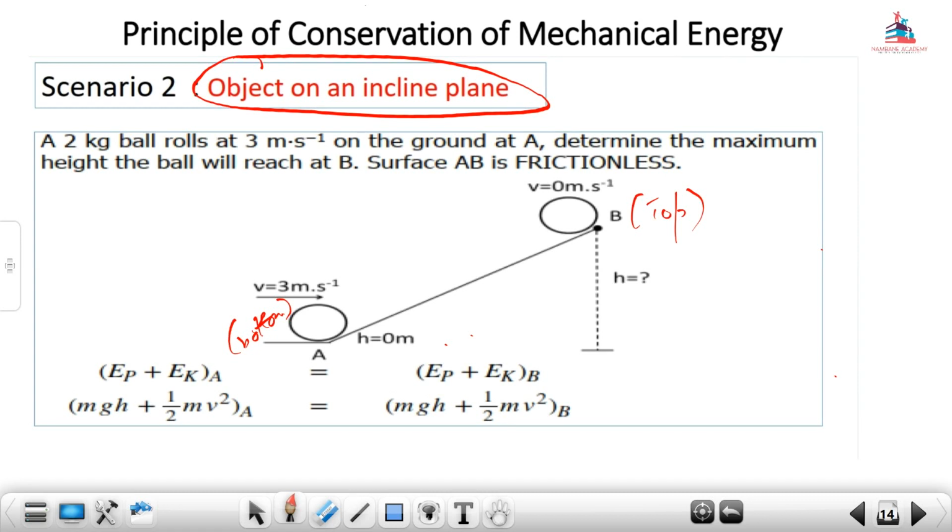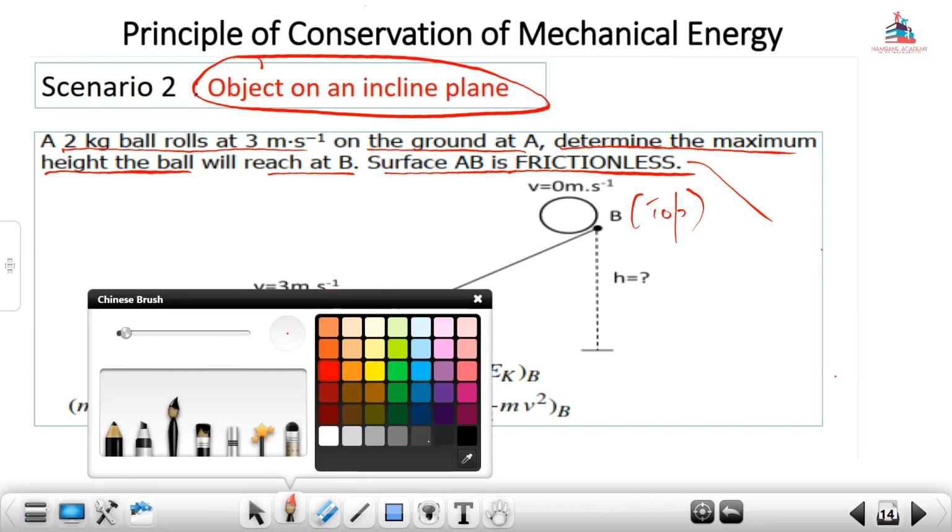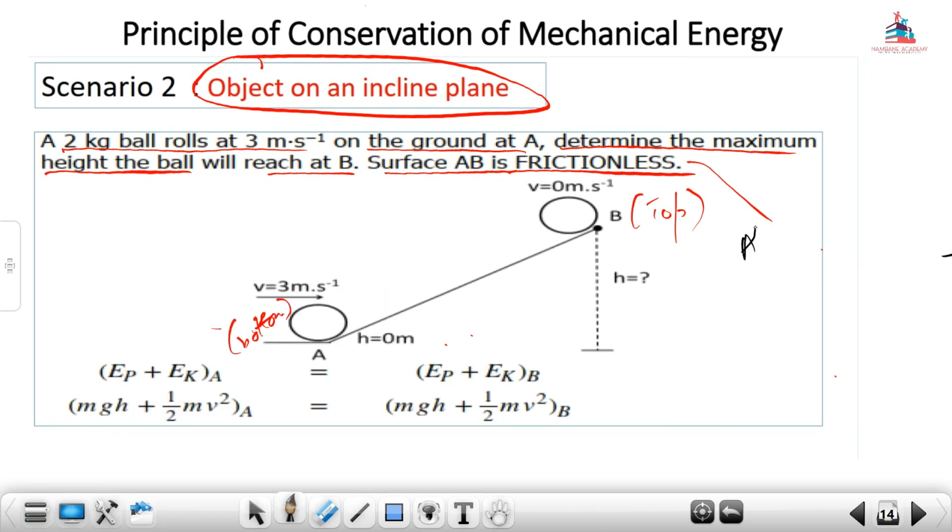So let's move on. It says a 2 kg ball rolls at 3 meters per second on the ground A. Determine the maximum height the ball will reach at point B. Surface AB is frictionless. That is what I want us to emphasize. So frictionless basically means I will be able to apply conservation of mechanical energy.